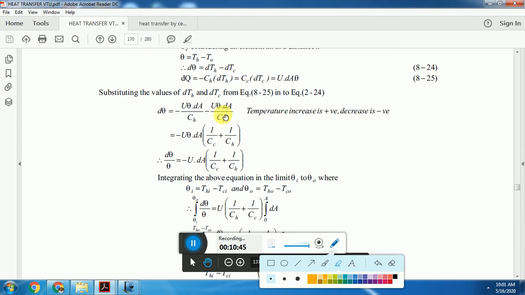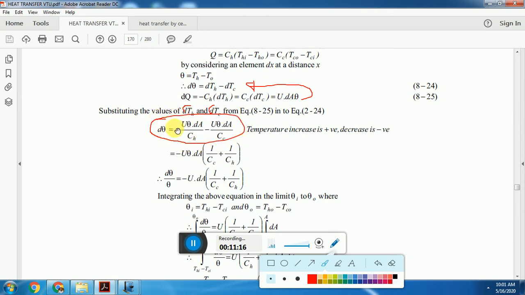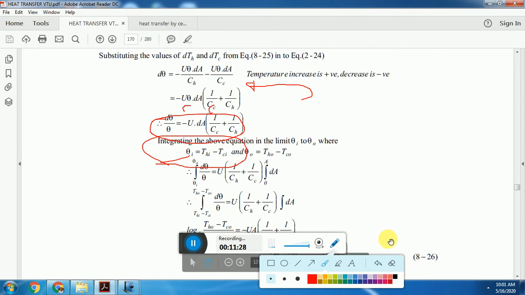Now if I substitute dTh and dTc from equation 2.5 into the above equation, I will get d theta is equal to minus U theta dA divided by Ch, and after simplification, to get total heat transfer I will integrate it.